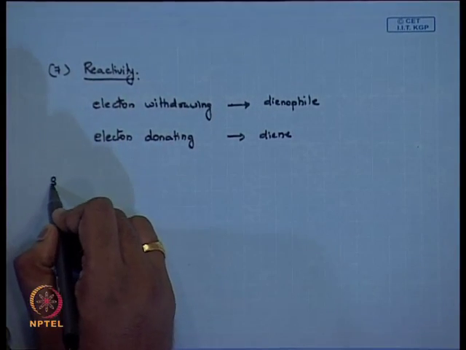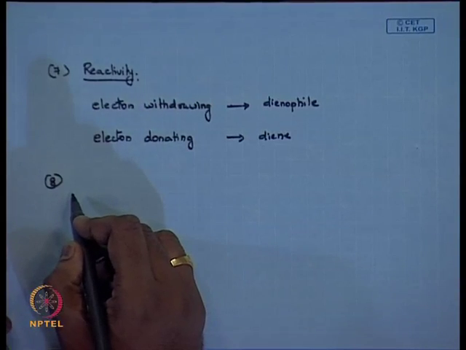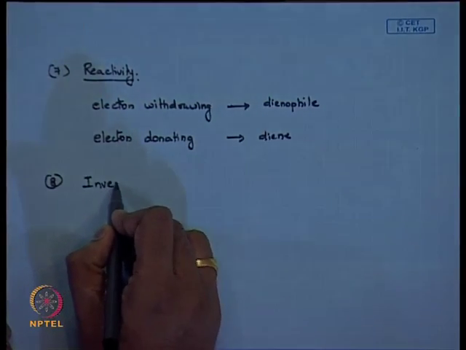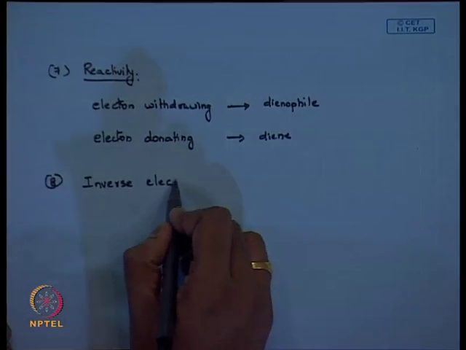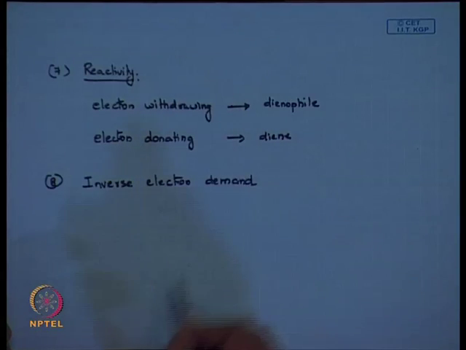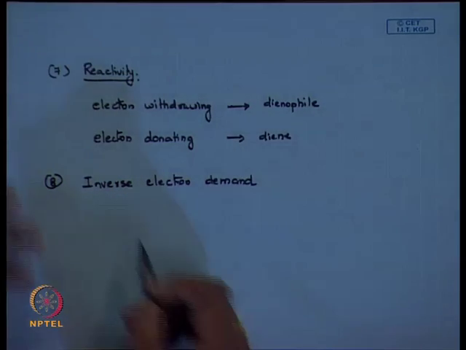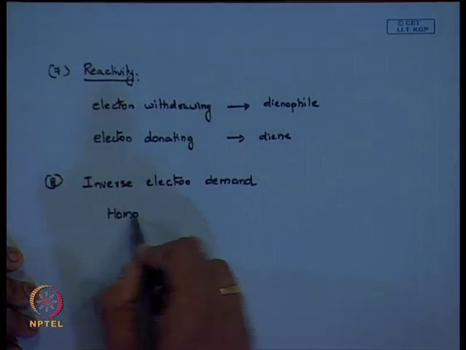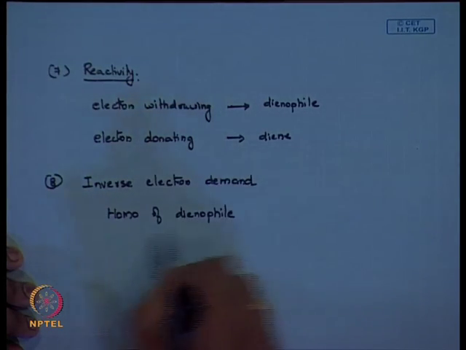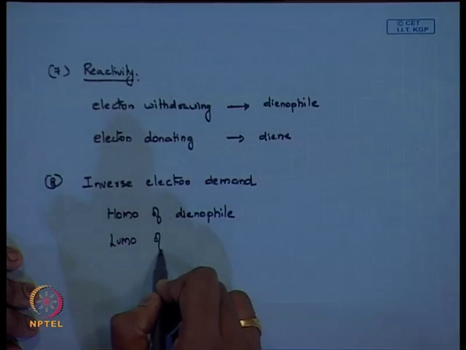Then we went back and studied the inverse electron demand, which is very important. In all the earlier cases we were talking about the HOMO of your diene and the LUMO of your dienophile. In this case we are talking about the HOMO of the dienophile and the LUMO of the diene.